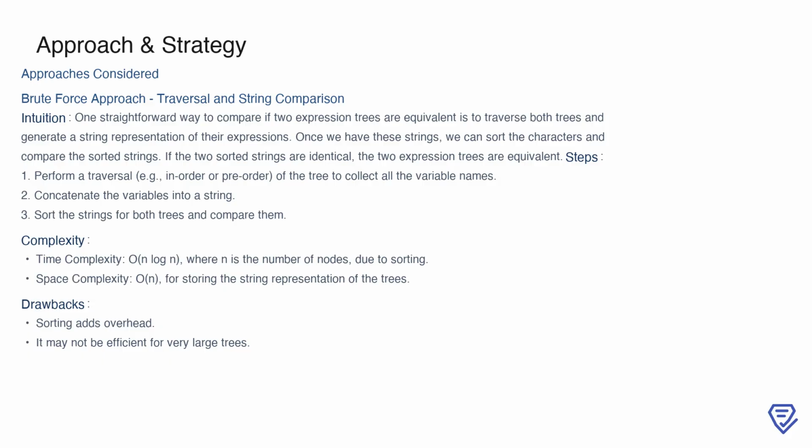The steps involve a traversal, such as in-order or pre-order, to collect all the variable names from each tree, concatenating these variables into a string, and finally sorting and comparing the strings. The time complexity for this approach is O(n log n), where n is the number of nodes, due to the sorting step. It also requires O(n) space to store the string representation of the trees.